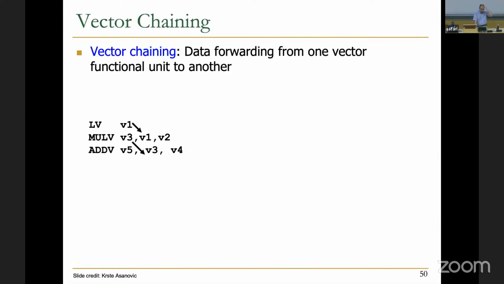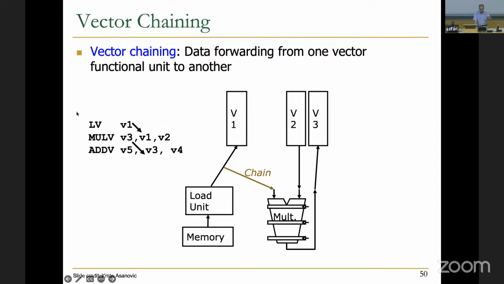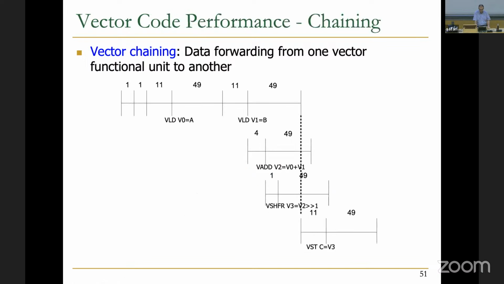Okay, so this is vector chaining that I already mentioned: you load, and then the data that you have is fed to the next instruction immediately. With this, you chain your functional units. If you have that, your timeline is going to be a bit more complex, and you're also going to see some performance improvement. For the first load, you have 11 and then 49.